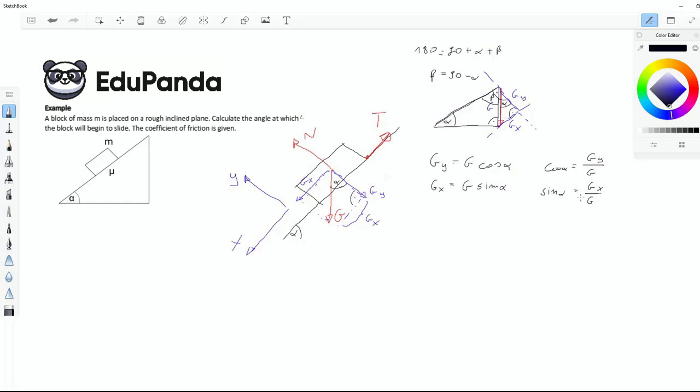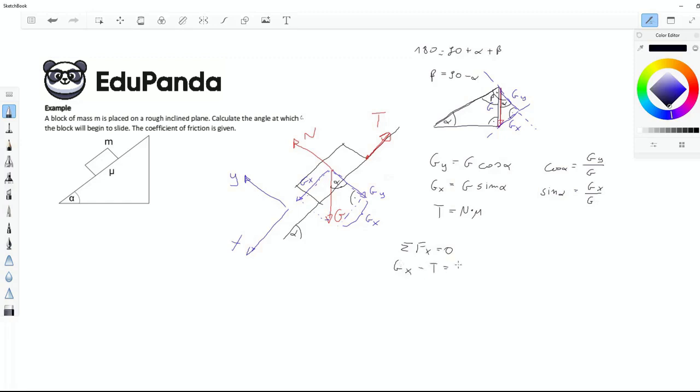Additionally, we will list the definition of friction. Friction by definition is T equals N times mu. Now let's assume that this system remains in equilibrium. Meaning, we need the forces to zero out on both axes. For the x-axis, the sum of forces equals 0. We assume the forces aligned with the direction of the angle are positive, and the opposite ones are negative.